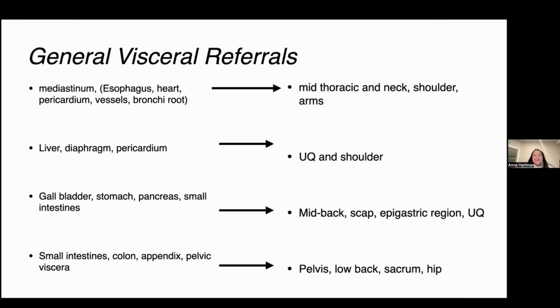With that said, when the body goes into a protective pattern around these organs, remember one of the principles was that the body hugs the lesion. And so you could also have aches and pains and movement dysfunctions in different parts of the body because of the change in posture and dynamic alignment organized around that structure.